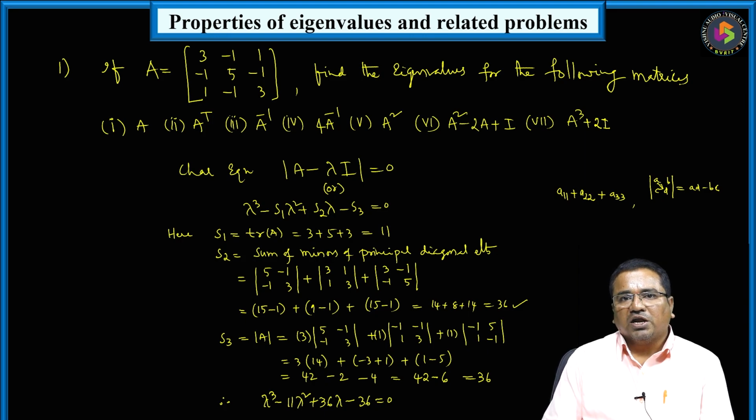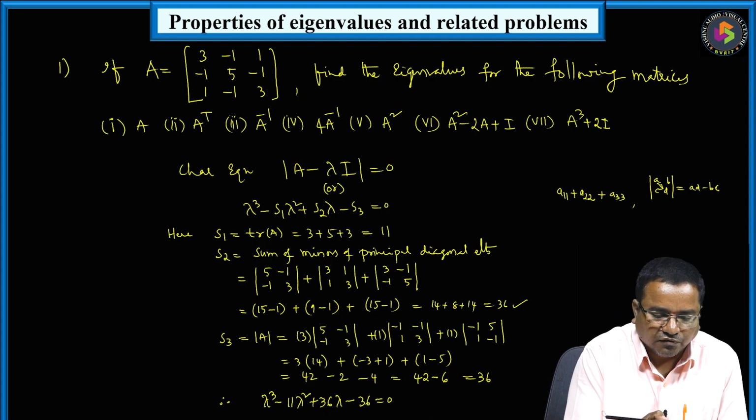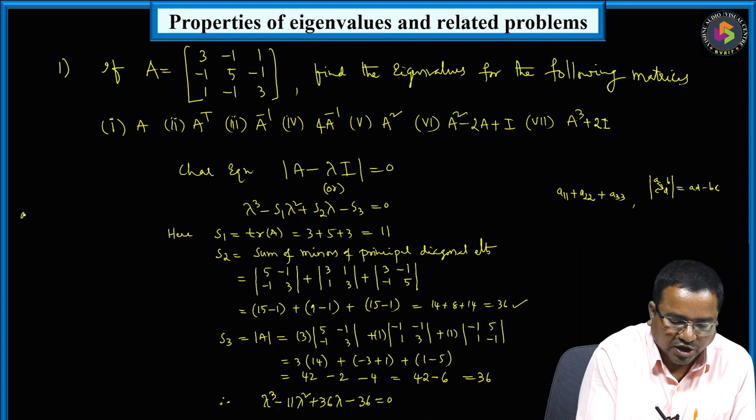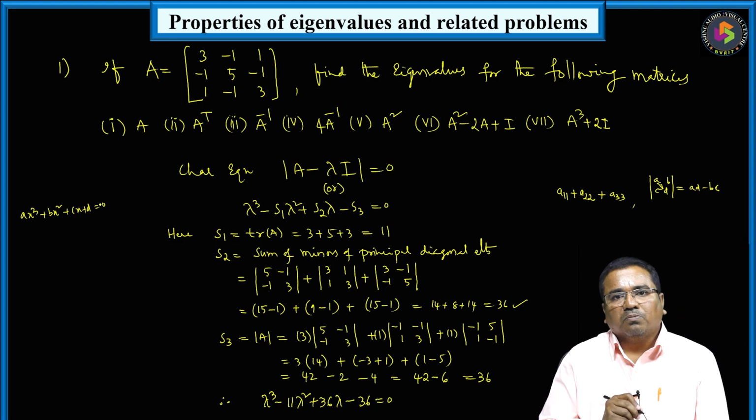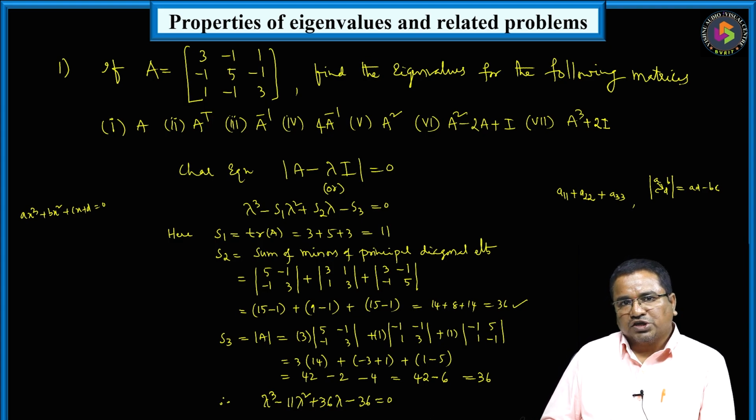If you have a calculator, you can use the equation mode. If you have this type of expression, ax cube plus bx square plus cx plus d, those who are using the calculator, go to the equation mode.